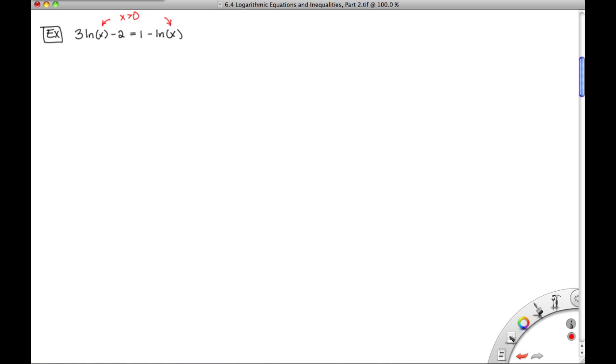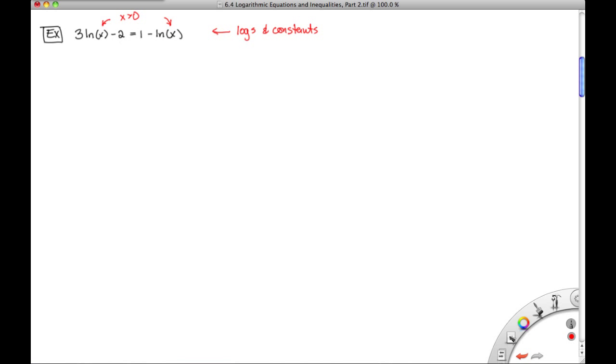The other thing that I'm going to make a note of here is that I've got logs and constants. And because of this, I'm going to get the logs on one side and the constants on the other. This is just going to make this an easier process for us.